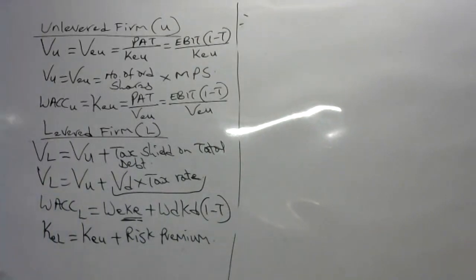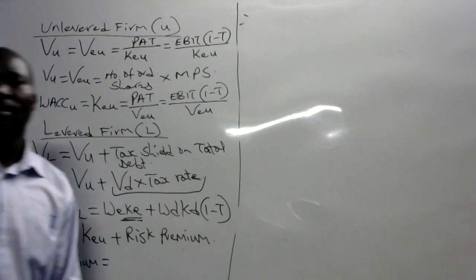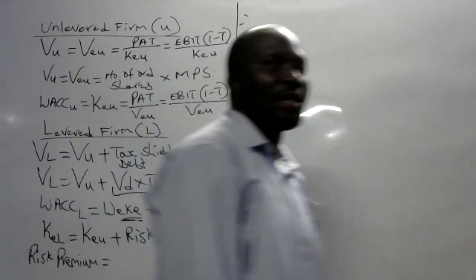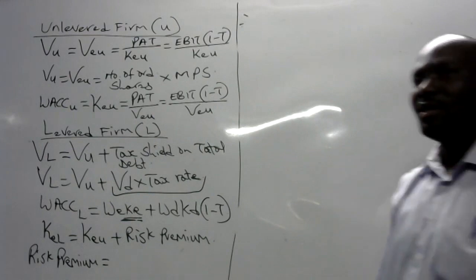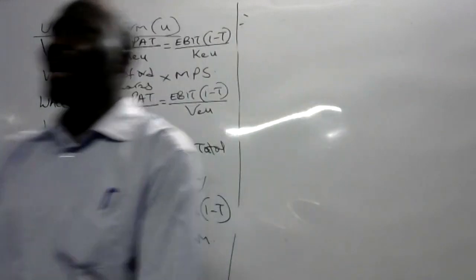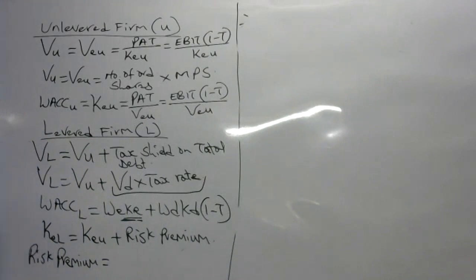Risk premium equals to RF, zote zinaanzanga na R. R what? RF plus RM minus RF.